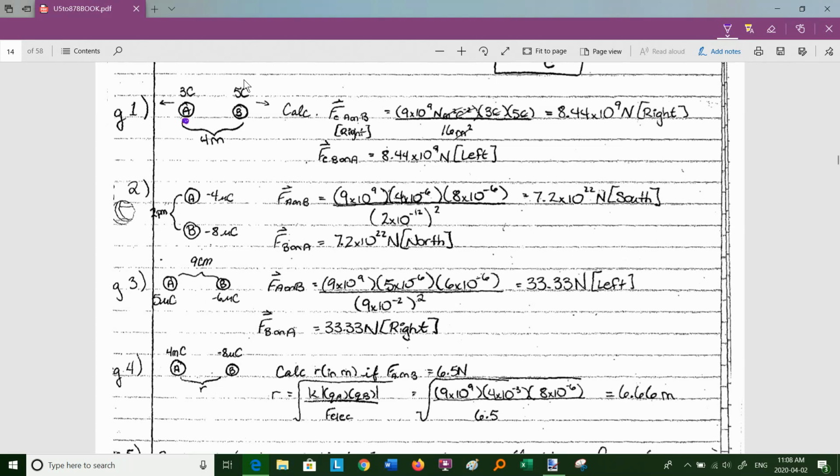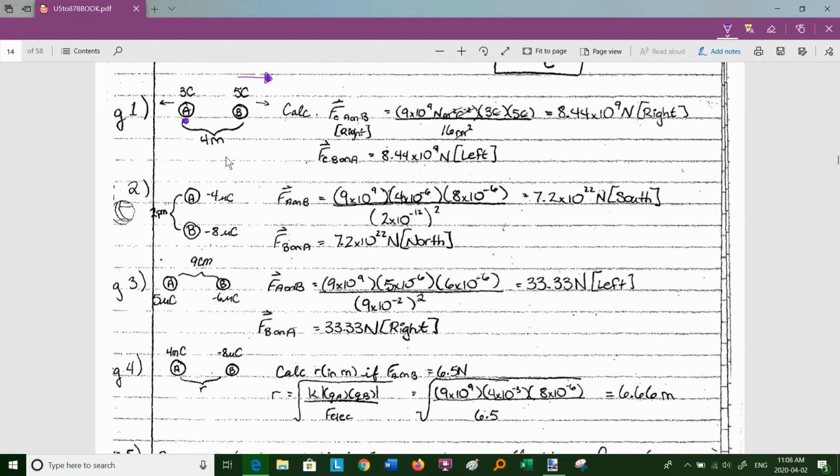They're both positively charged. So basic electrostatic laws say that B would be pushed to the right. Now, there's always the kid who says, yeah, but A is pushed to the left. And I go, yes, I know that A is pushed to the left, but that's not the darn question. The question says, what is the force exerted on B due to A? So the direction will be to the right. Take care of the directions first. Then plug in the numbers.